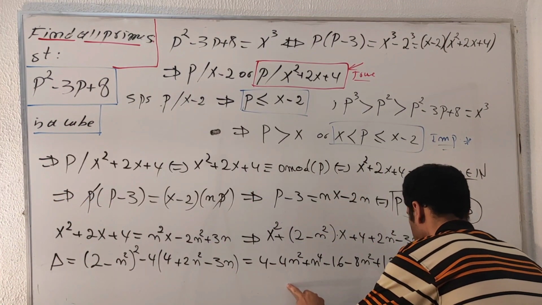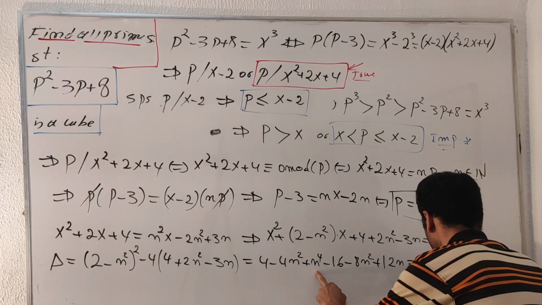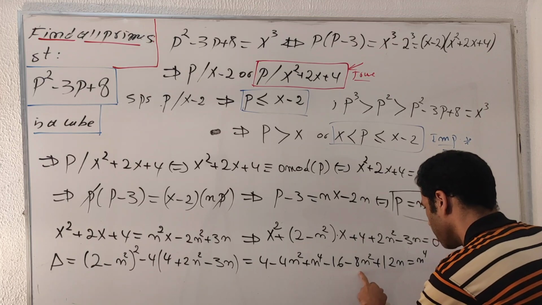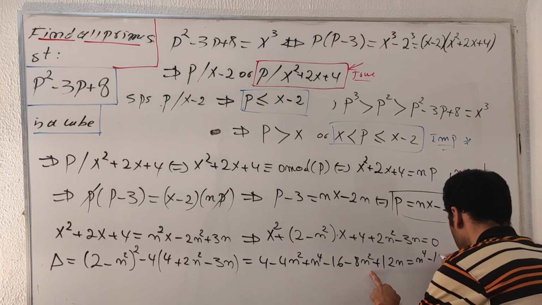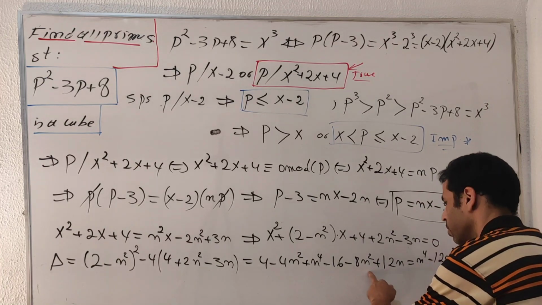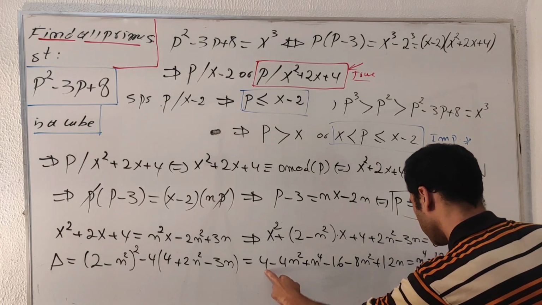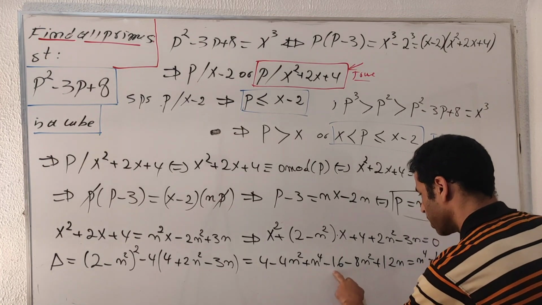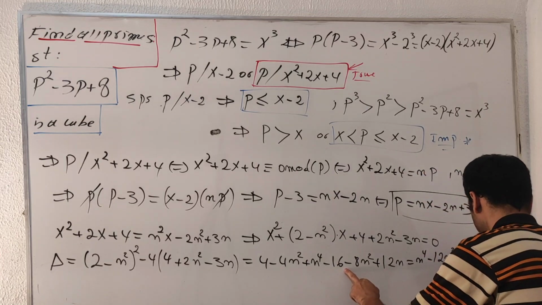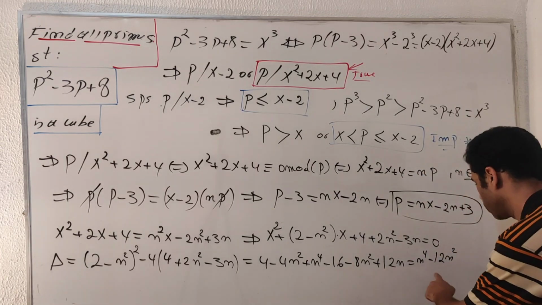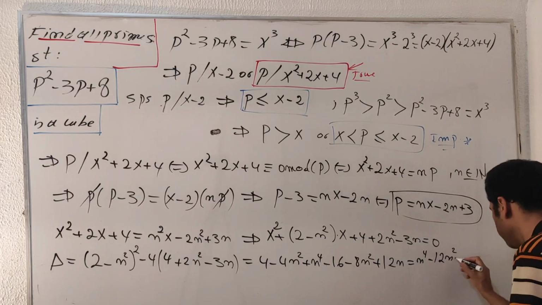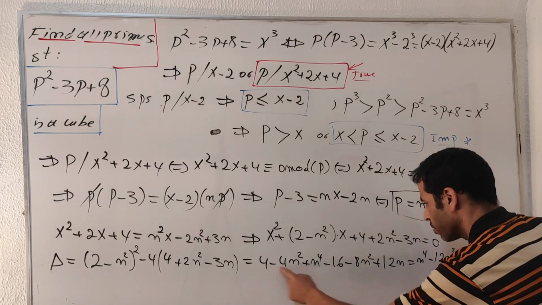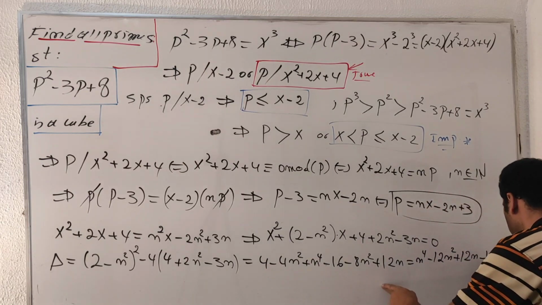So I get here n to the 4th as a power, minus 4n squared minus 8n squared, which is minus 12n squared, plus 4 minus 16, which is minus 12. Okay, minus 12n squared plus 12n plus 4 minus 16, which is minus 12.